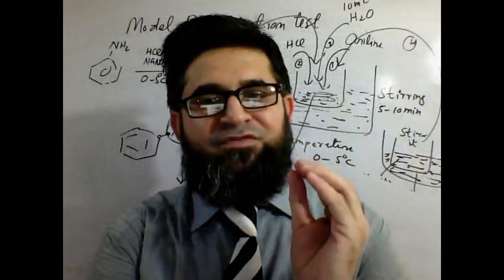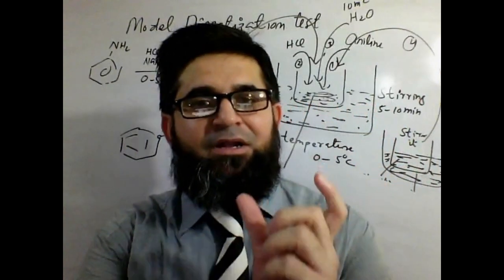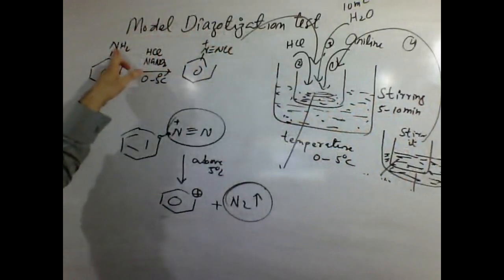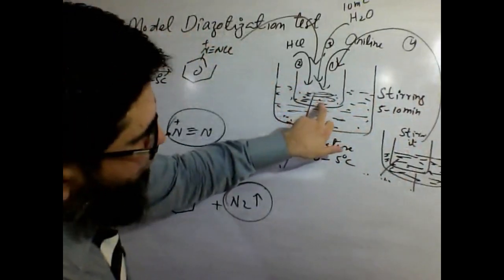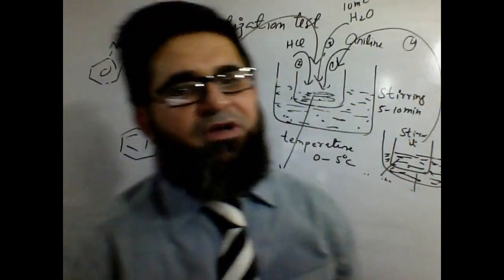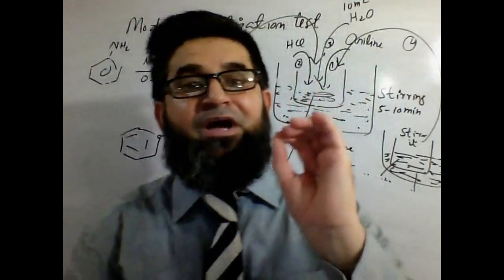Those will become the dyes. So if a color appears in the beaker at the end, it means the starting compound was an amine. If no color appears in the beaker, it means the starting compound was not an amine, or at least not a primary amine.